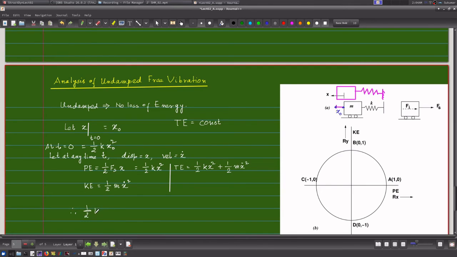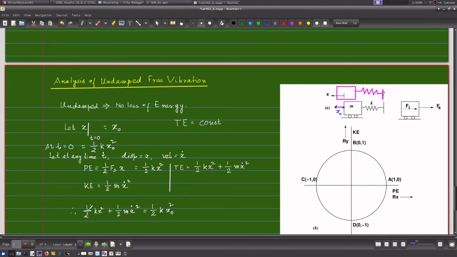So half k x square plus half m x dot square is equal to half of k x naught square, right?